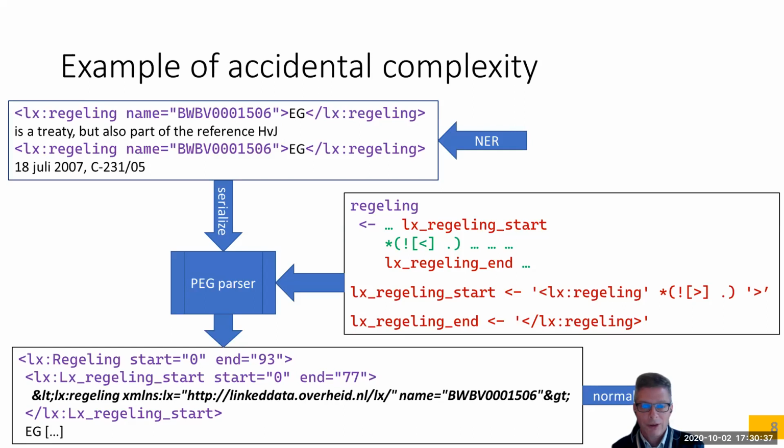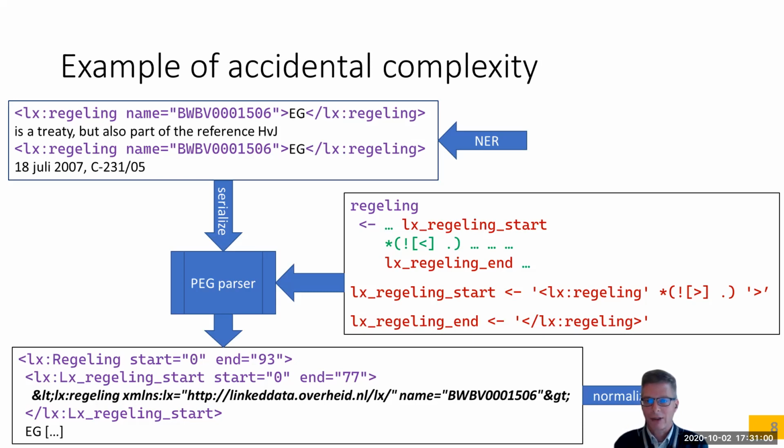So all this leads to a lot of accidental complexity, and here's an example of why that happens. Suppose we have a piece of text where the named entity recognizer has recognized the string EG, which is Dutch for European Union, EU, and it's also an abbreviation for regeling or regulation.